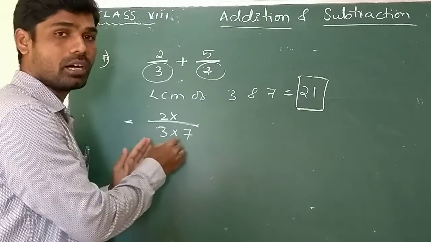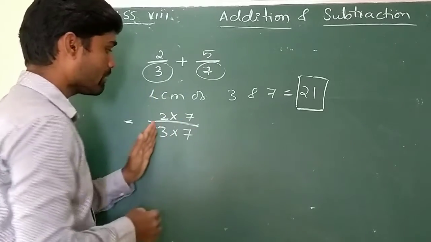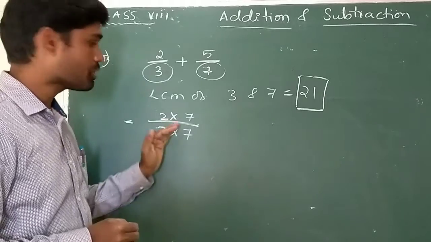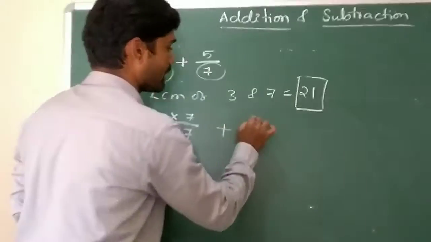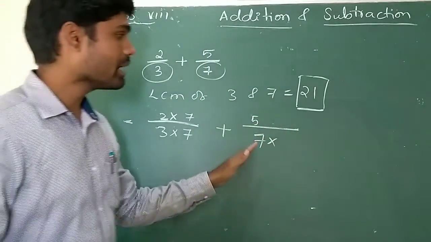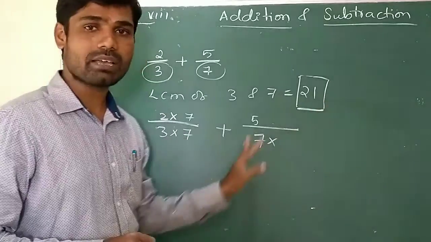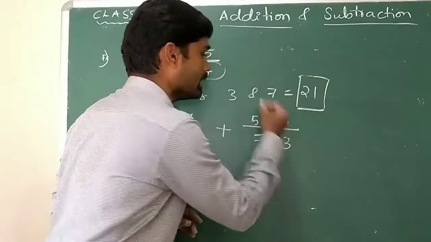The same multiple should be multiplied with the numerator also. Plus 5 by 7: again in the 7 table to get 21, 7 threes are 21. So into 3 and into 3.